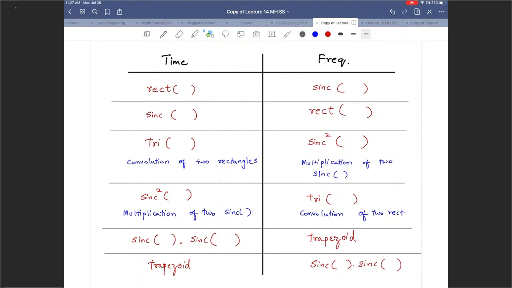There is multiplication in time, there's multiplication in frequency, there is duality, there is frequency shift, there is time shift. There are too many properties. So the best way to do the problems will be the application of the most appropriate properties.